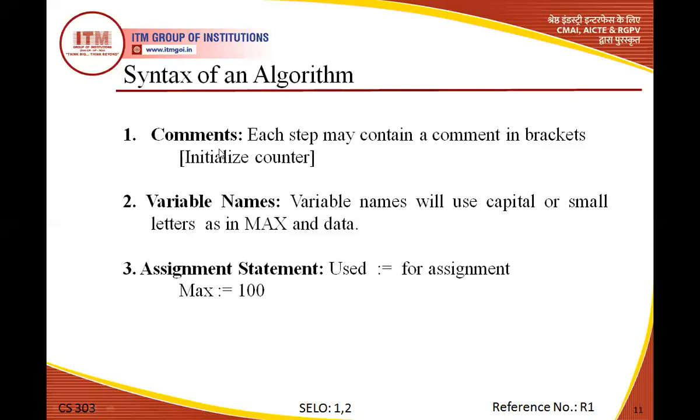First of all, comment. How can we define a comment line? Just like in any programming language such as C and C++, you use comments. A comment means that line is not used for execution.